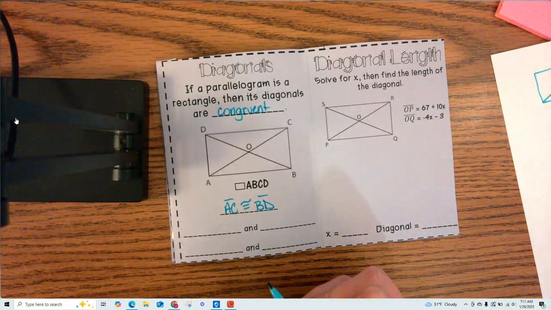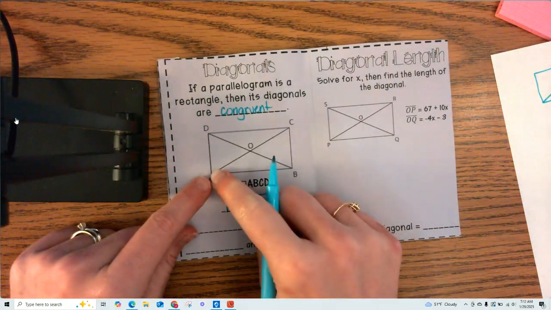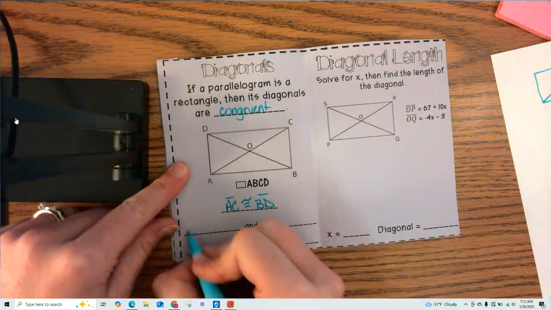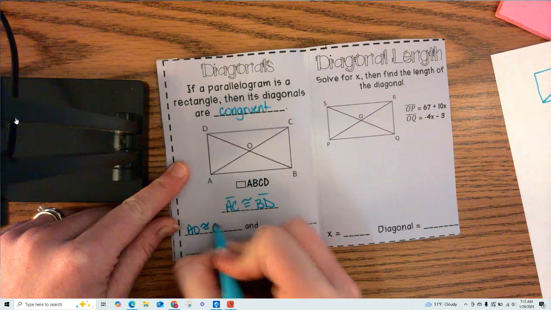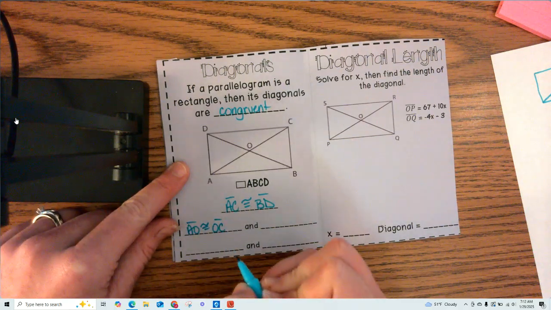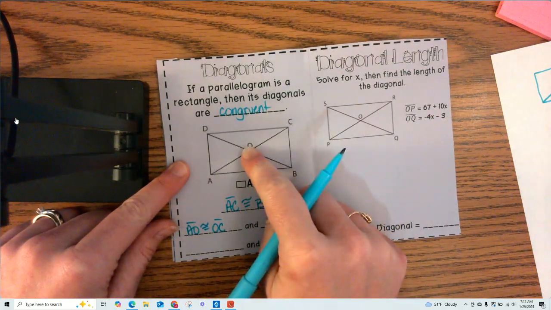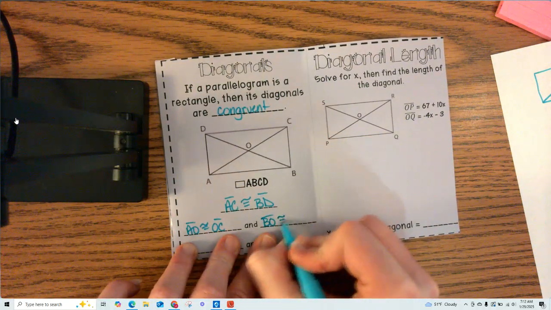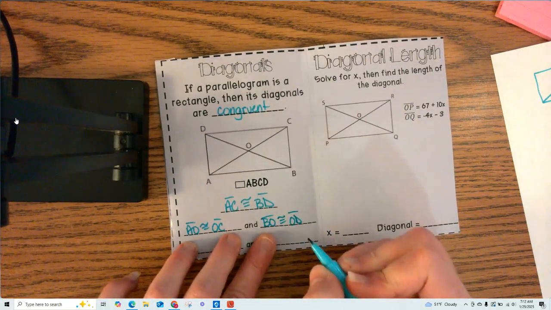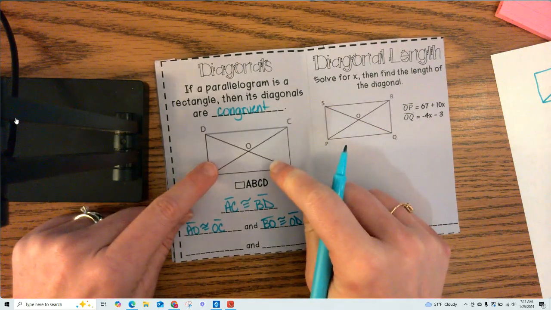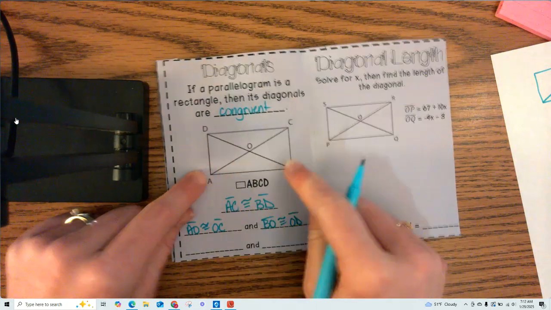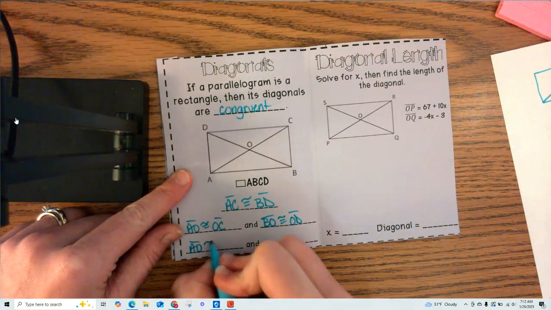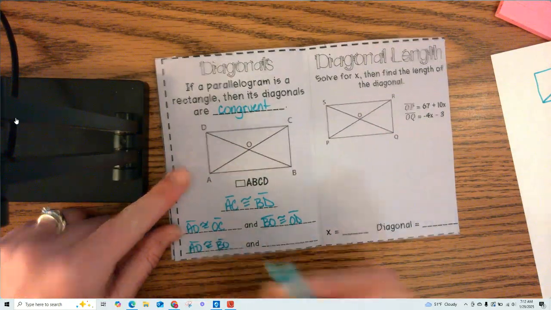And then they bisect, which means all the segments, from A to O, are congruent with O to C. B to O is going to be congruent with O to D. And then also A to O is going to be congruent with B to O.